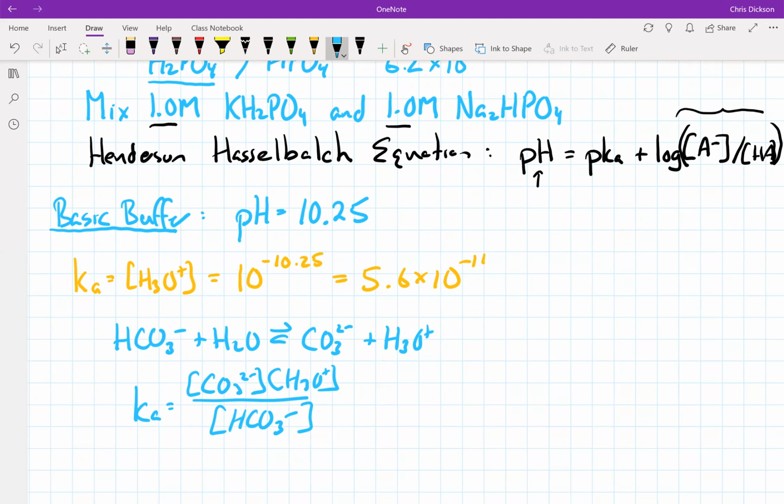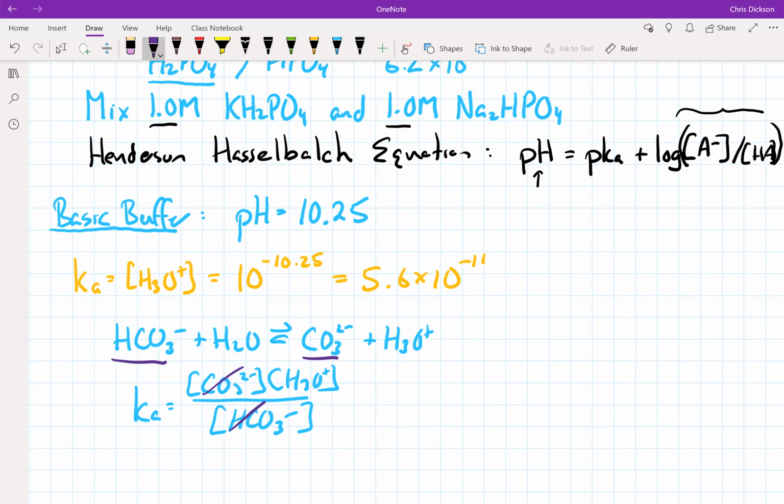Now, because we've chosen the buffer to have generally that sweet spot, what we really want is for the amount of bicarbonate and the amount of carbonate to be the same, so they would cancel out here. And so the Ka value of that is 5.6 times 10 to the minus 11. Okay, so how would we make it?